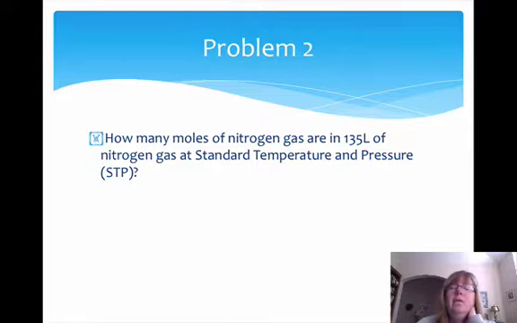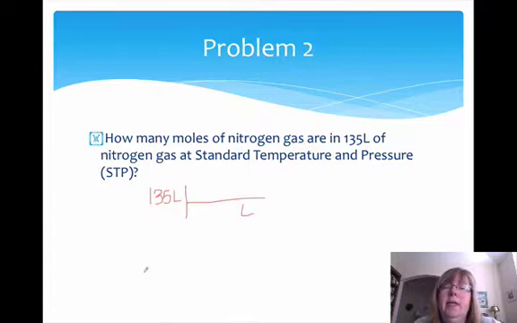How many moles of nitrogen gas are in 135 liters of nitrogen gas at standard temperature and pressure? Step 1, start with what's given, 135 liters. We know we don't want liters anymore, so just immediately put it down there. Problem's almost half done. What is our conversion factor?